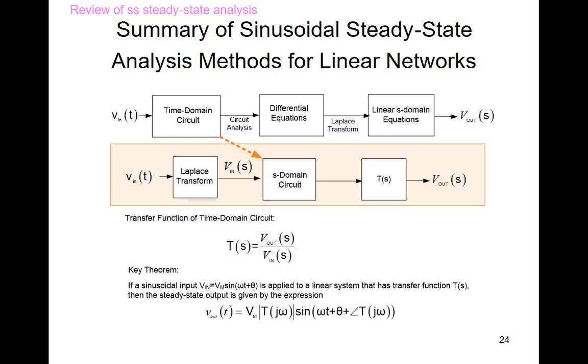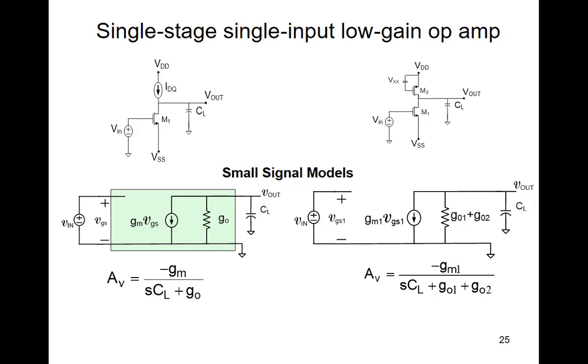And you'll recall that if we want to find the steady state response, then if we have a transfer function, the steady state output is equal to the magnitude of the input, I'm assuming the input is Vm sine omega t, times the magnitude of the transfer function at the frequency of excitation, times the sine of omega t plus theta plus the angle of the transfer function. So that should have been material from 230 and 201 as well.